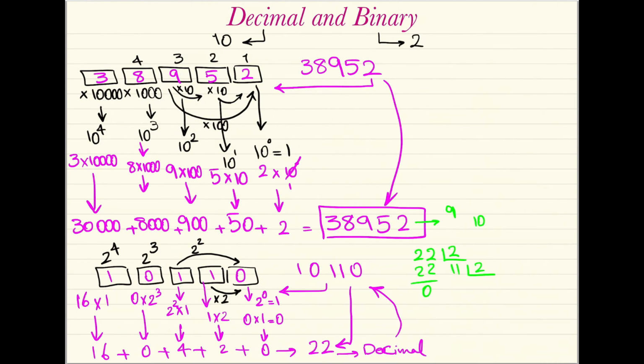By the way, if you need any help with long division, I have another video explaining the long division, so you can just watch that video. 5 times 2 is 10. We have 1. 5 divided by 2, 2, 4 minus 1, and 2 divided by 2, 1, 2 minus 0.